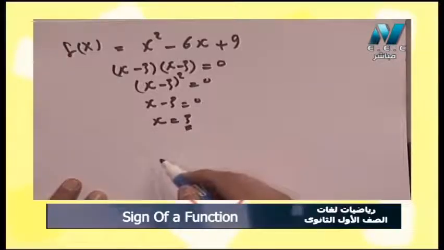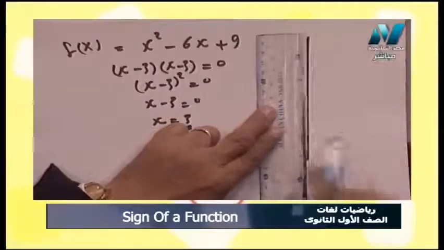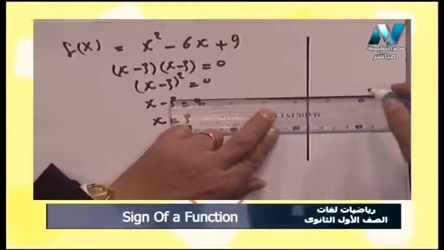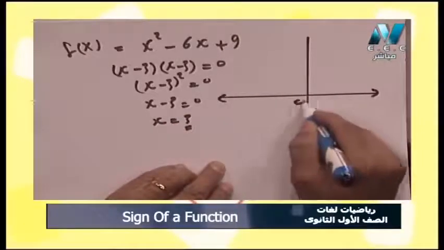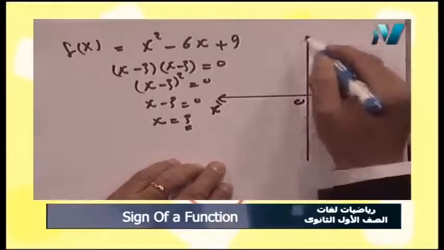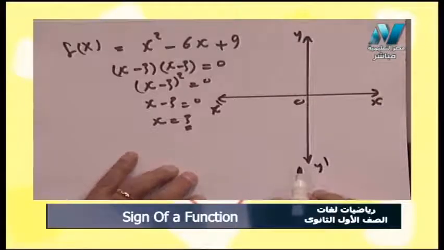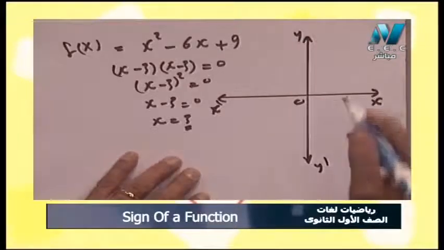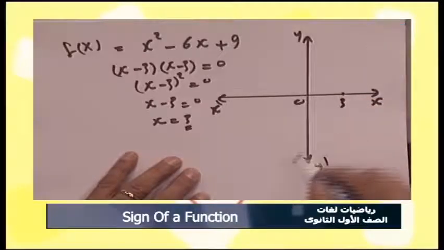If we have something like that and would like to graph it, we will draw the y-axis and x-axis, here OX and OX dash, OY and OY dash, and of course the curve will touch the x-axis at 3.